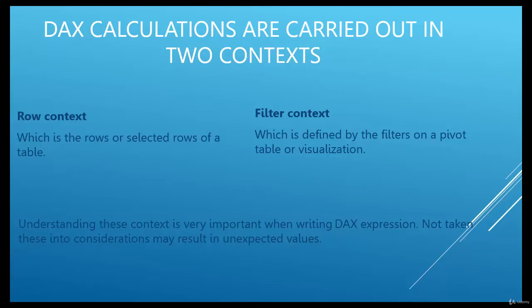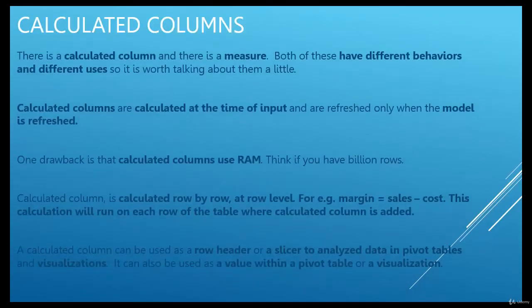Now, calculated column. A calculated column is one of the good examples of row context because all the calculations are applied row by row, from the first row to the last row within the table. For example, if we want to subtract cost of goods sold from sales and get the margin or the profit calculated for each row, and each row has the data about the product, we can easily do this using calculated columns.